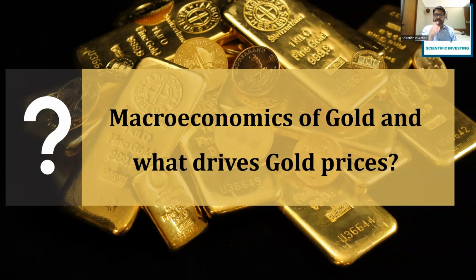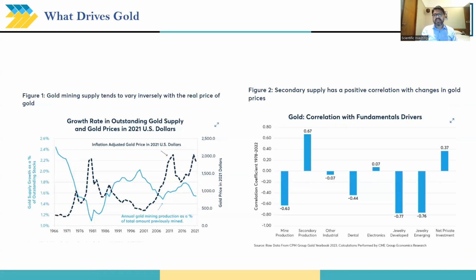A little bit about macroeconomics, because I tried to see if I can read some macro stuff and derive some insight out of it. Only one basic insight I could derive from the demand supply side. Gold is produced by gold mining companies. If there is more supply of gold, ideally prices should decrease. If there is less supply of gold, then price should increase.